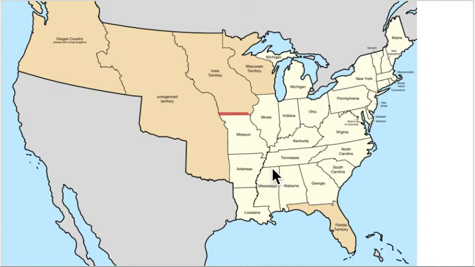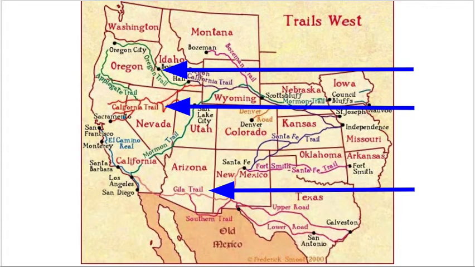But they not only lived there, they also traveled through there, making their way west, most often along either the California Trail, the Gila Trail, or the Oregon Trail. In other words, prior to 1844, many Americans had already migrated to and settled on our country's west coast.